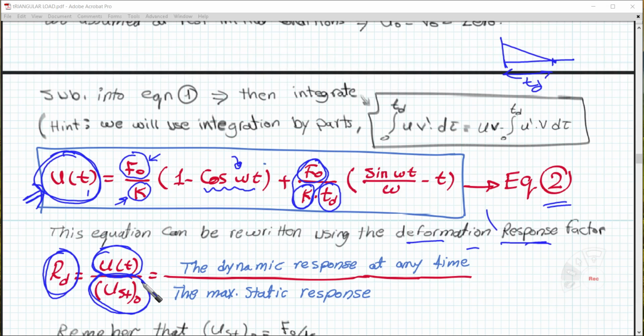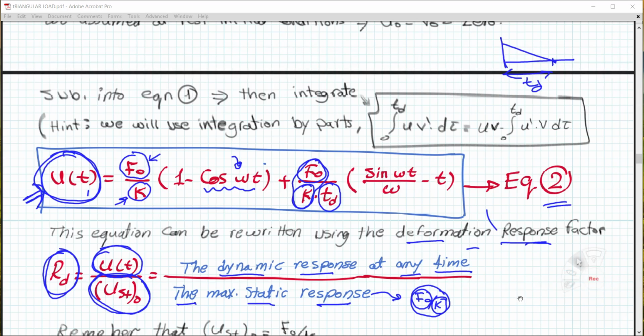So as we said, this is RD, the ratio between the dynamic response at any time of the system over the maximum static response of the system. What is the maximum static response here? If you remember, we mentioned this also last time. It is going to be F node over K, the maximum force over the stiffness of the system itself.